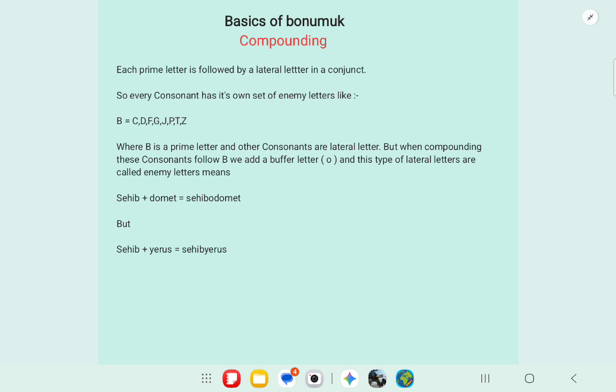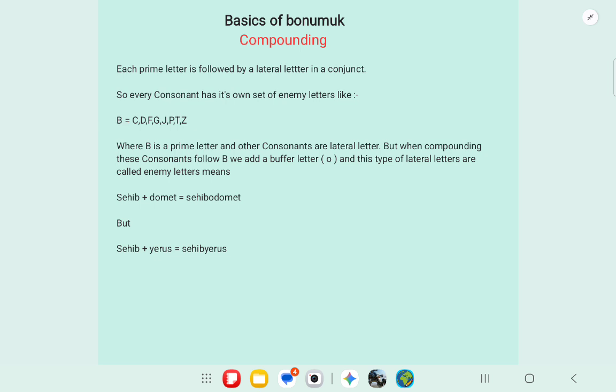So as we discussed in the previous video, each prime letter is followed by a lateral letter in a conjunct. Okay, so every consonant has its own set of enemy letters. So what is enemy letters? Let us say a consonant letter like B. So B has the following enemies, which is C, D, F, G, J, P, T and Z. Okay, and here B is a prime letter.